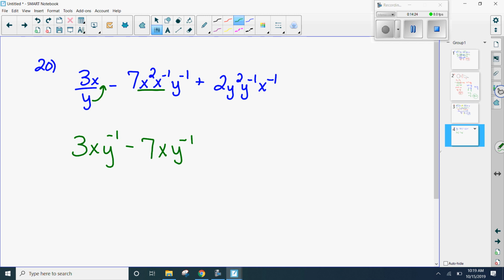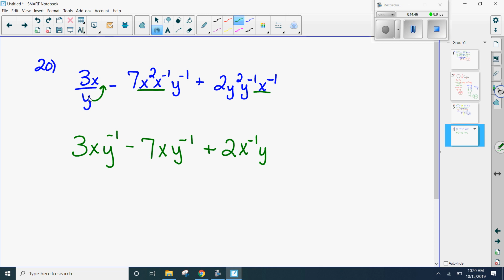If I look at it, what do you notice about those first two terms? Are they like terms? Yes, you have x to the first, y to the negative first in both terms. If you look at the last term, you have 2. The x exponent is to the negative first, and you get y to the positive first.